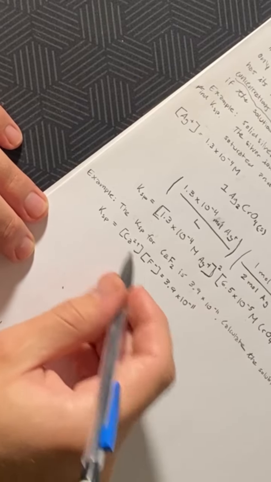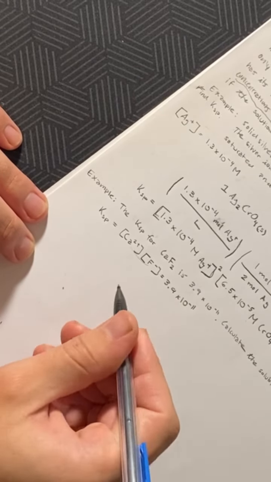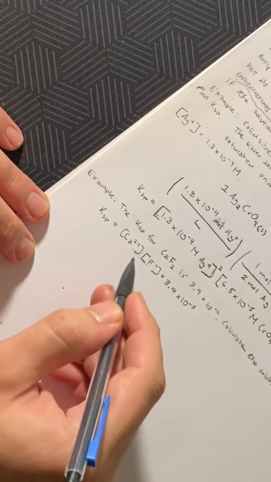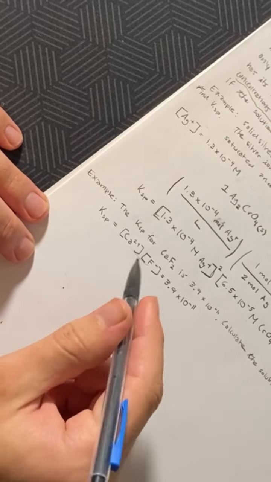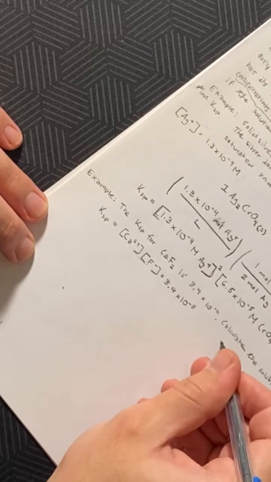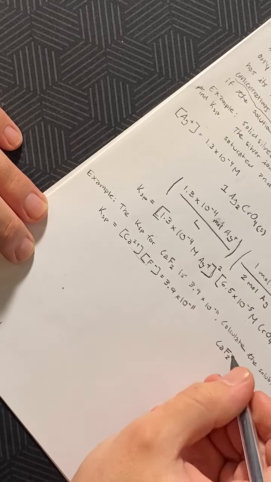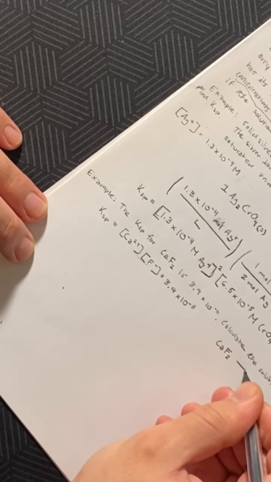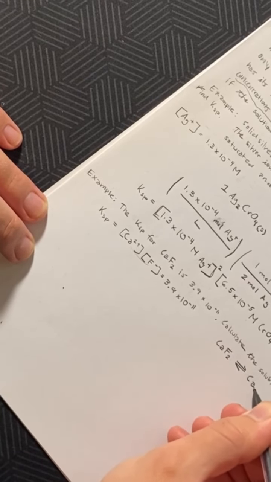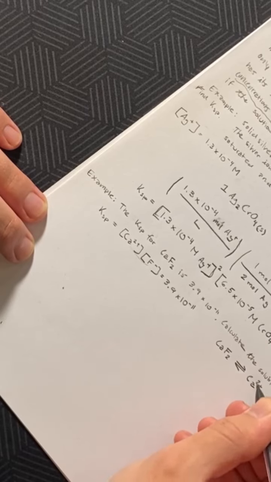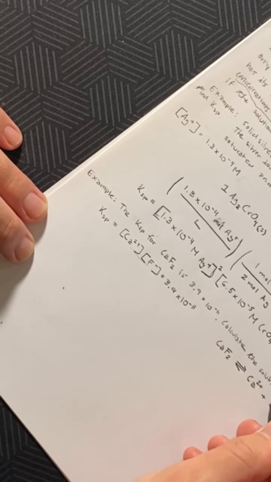Now, this is an incomplete formula. So in order to know what our exponents are going to be, we should write down the formula for its equilibrium. So we say that calcium fluoride is going to dissolve into its calcium 2+ ions and its fluoride ions.